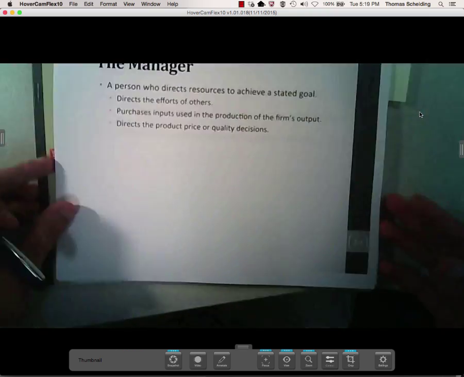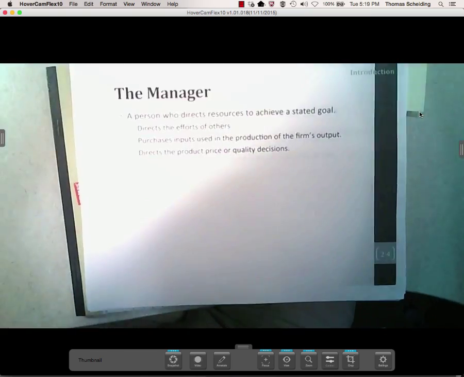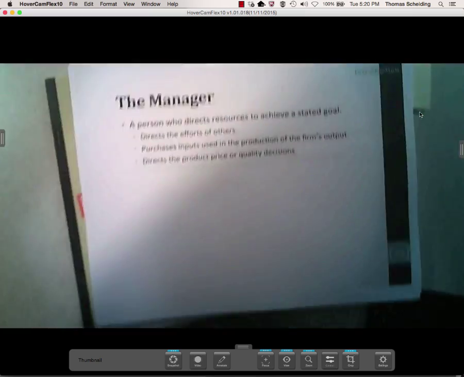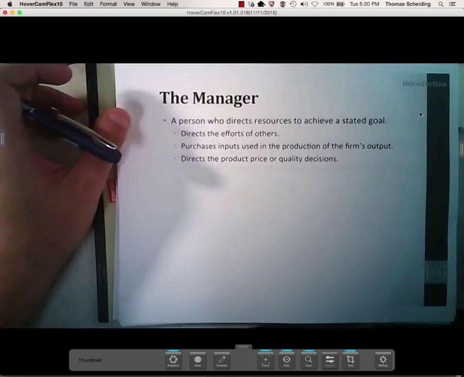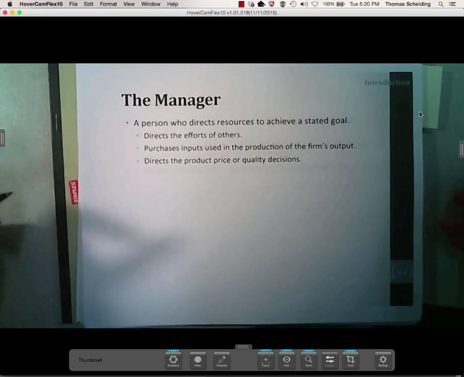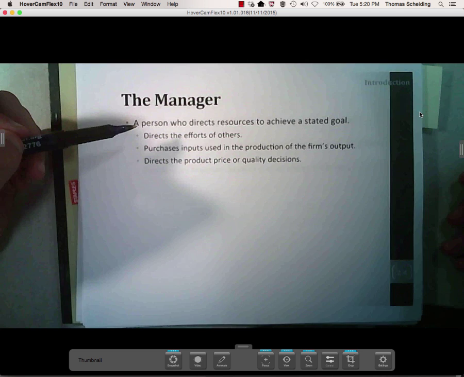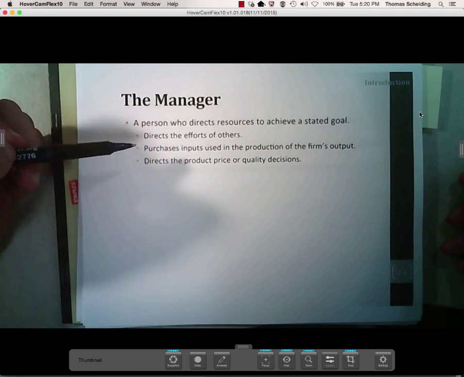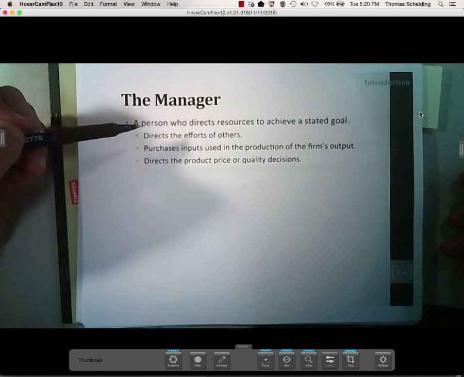So what does the manager do? Well, basically, the manager does what they're hired to do. They're hired by someone, they're given a goal, and the whole point of that manager is that they direct the efforts of all of the people that report to that manager, so that they can achieve that goal.